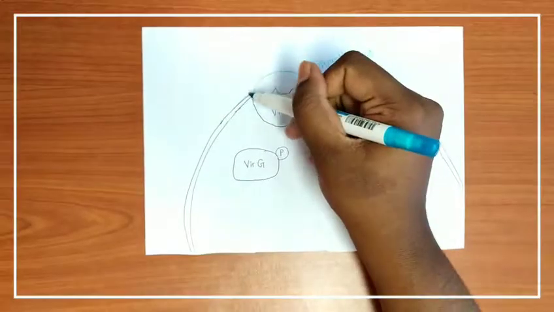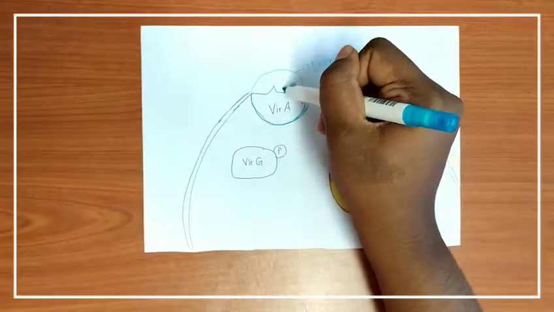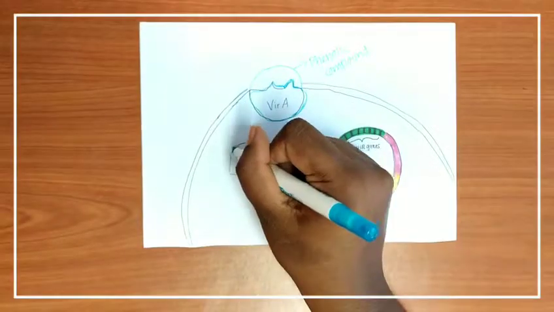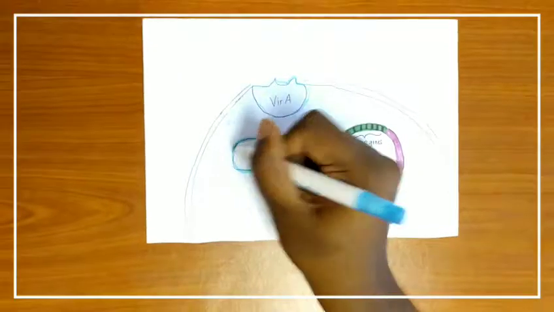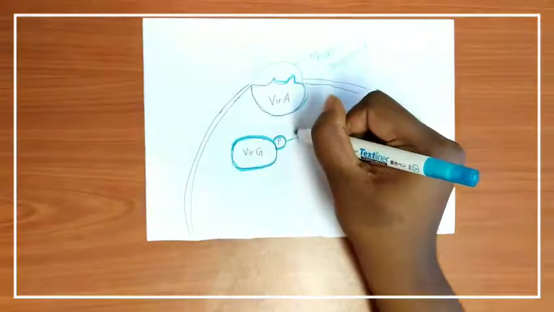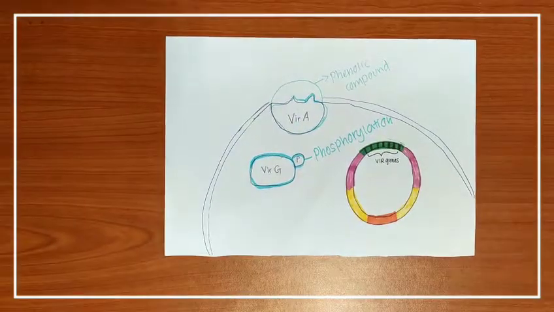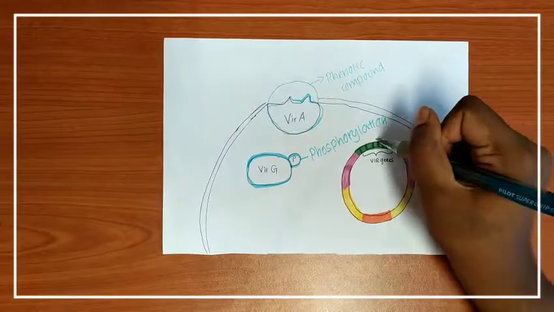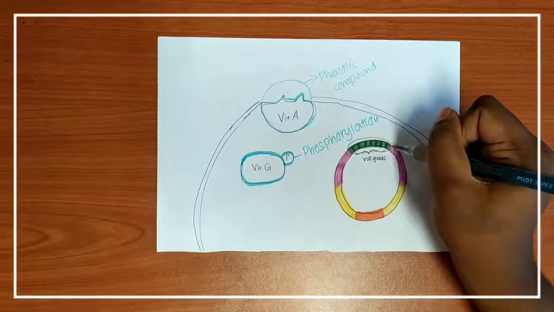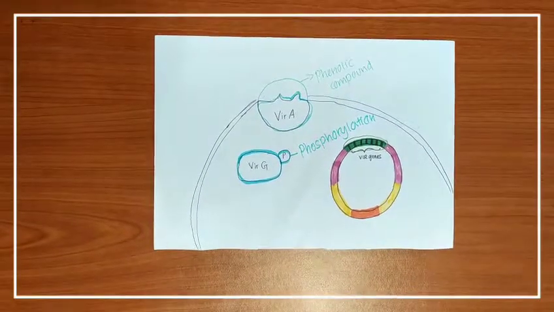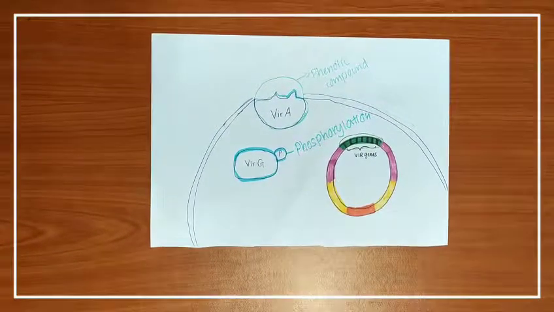The binding activates VirA, which can then activate another protein called VirG through a process called phosphorylation. Then, a number of genes called Vir genes are located on the tumor-inducing plasmid, where the genes encoding VirA and VirG are turned on all the time.